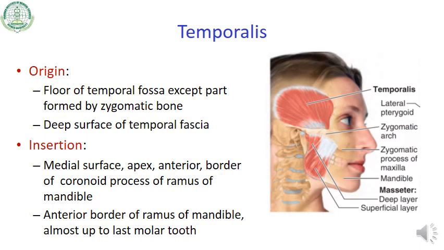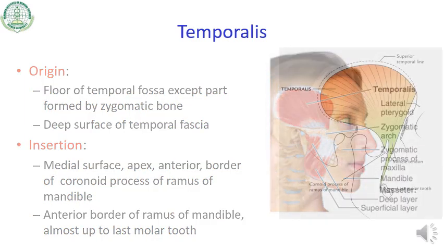So temporalis is inserted on the medial surface, apex, then anterior border of the coronoid process, then anterior border of the ramus of the mandible almost up to the last molar tooth. So extension of the temporalis muscle is up to the last molar tooth.